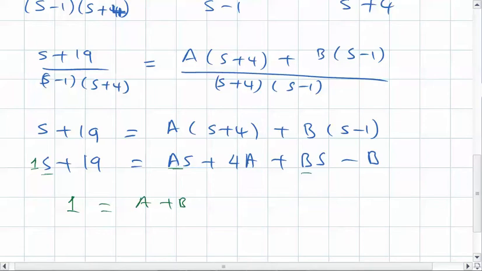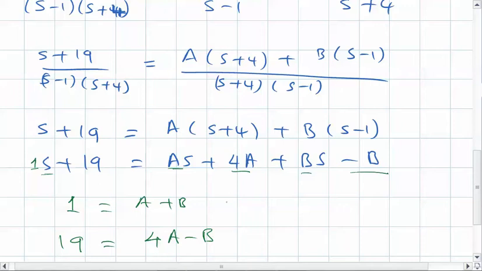And if you look at the next one, there is 19 on the right hand side, so 19 is equal to, and the constants on the right hand side are 4a and minus b, 4a minus b.